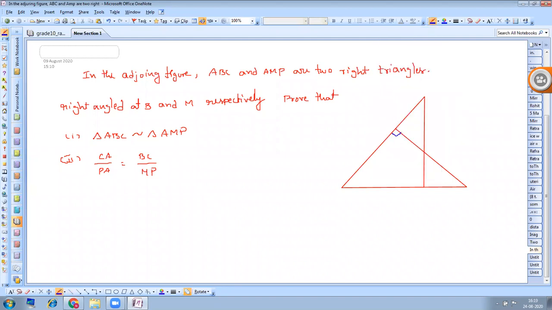This is one right angle triangle. This is another right angle triangle. A, B, C, M, P. Start this question.